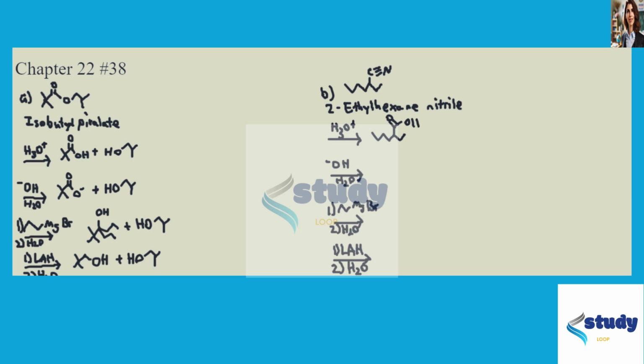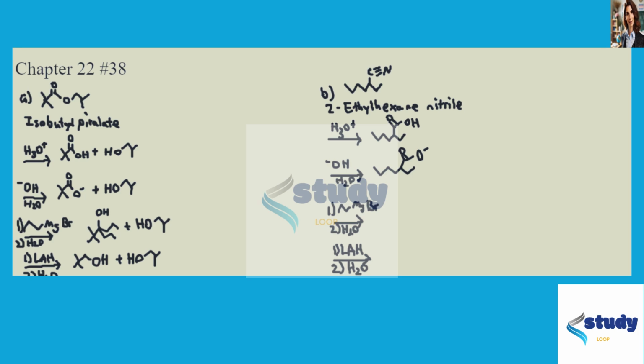Base will also hydrolyze the nitrile, but because it's basic conditions, we won't get the carboxylic acid product. We will get the carboxylate ion. So just deprotonated here. So a negative charge on that oxygen.